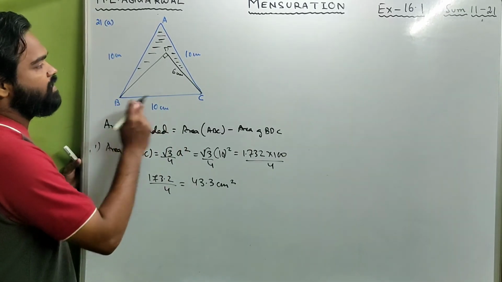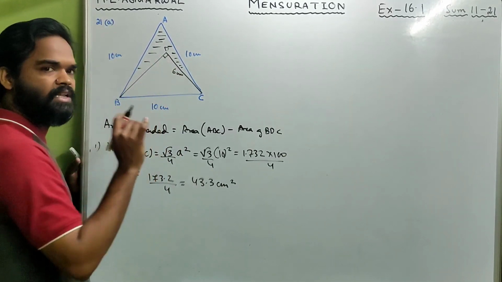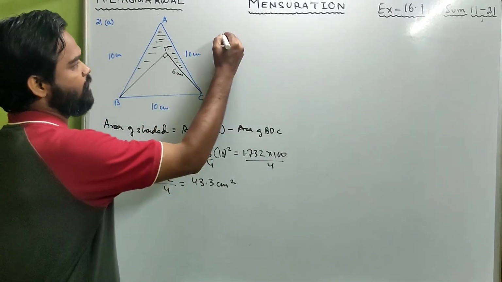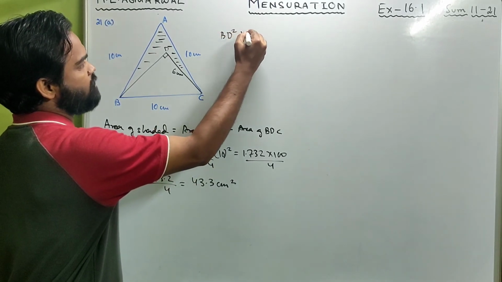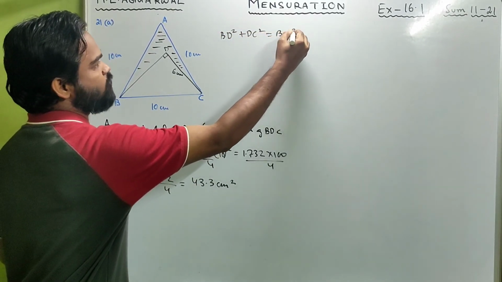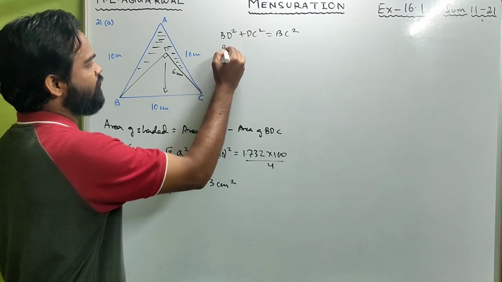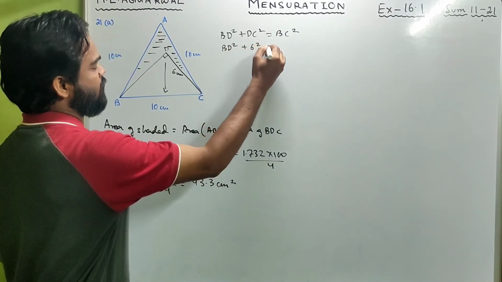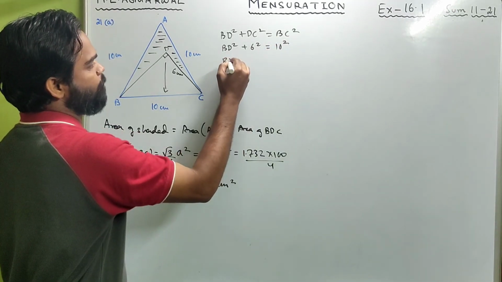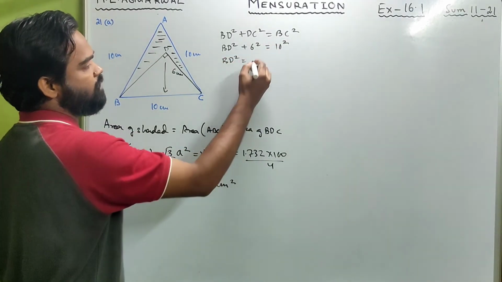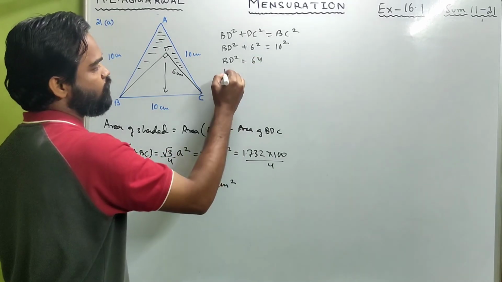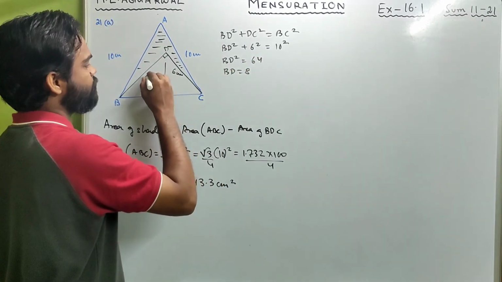Now when you look at BCD, first find BD with the help of Pythagoras theorem. Look, BD square plus DC square equals BC square, because BC is your hypotenuse. So BD we don't know, DC is 6 and this is 10 square. So BD square will be 100 minus 36, that's 64. So BD will be 8.